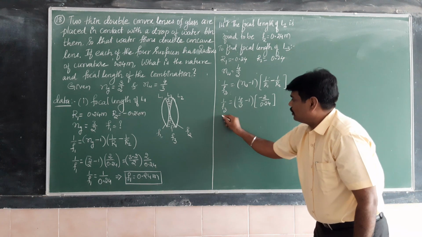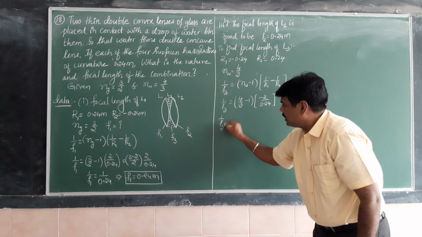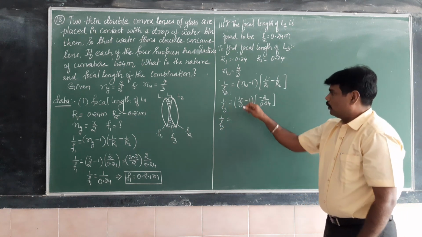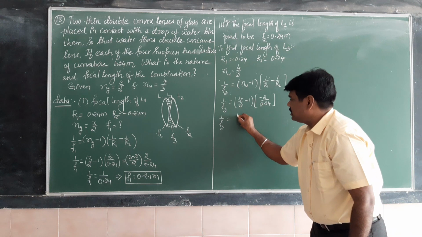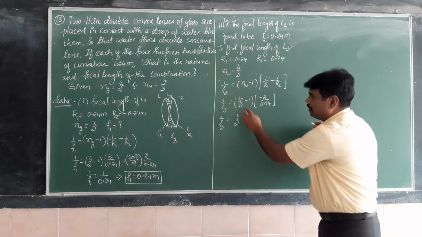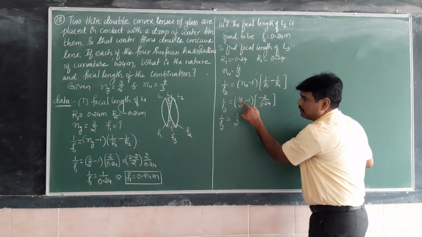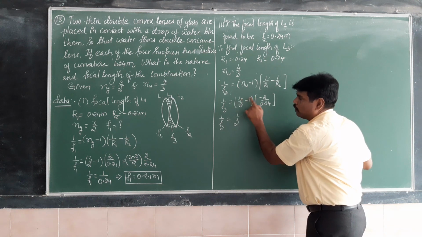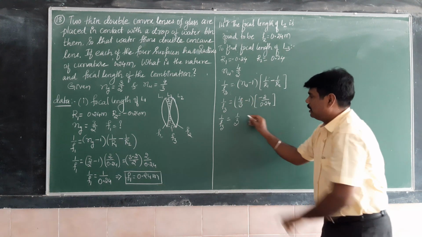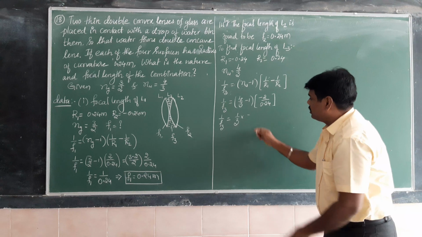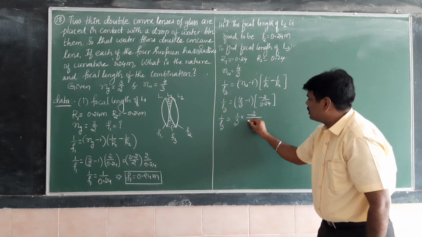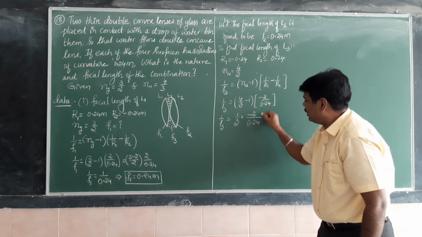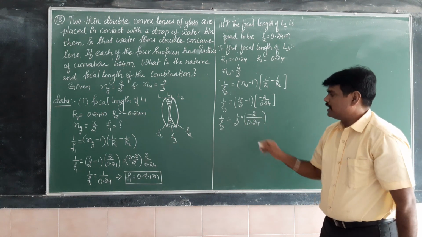So it will become 1 by F3 is equal to (4 by 3 minus 1), which is (4 minus 3) by 3. 4 minus 3 is 1, so 1 by 3 into minus 2 divided by 0.24 meter.